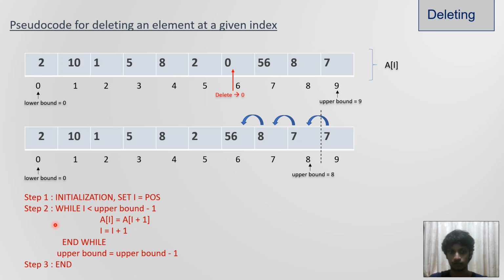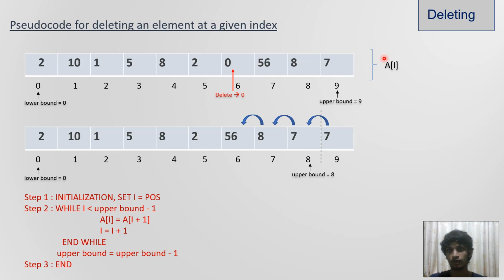In order to repeat that procedure, there should be a repetition, which means a while loop. It will go up until the upper bound -1, because we only have to shift elements up until the upper bound, because after the upper bound there will be no value existing.